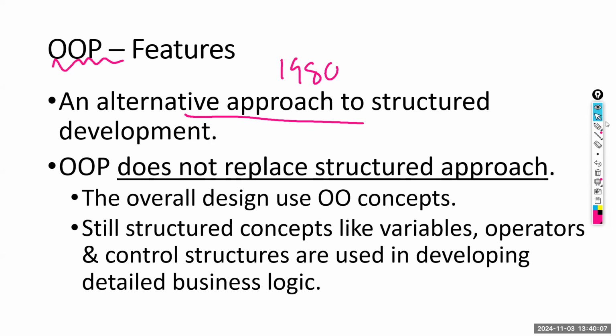If you consider all the programming languages like Pascal, C, COBOL, those languages never supported object-oriented programming because at that time no one was doing it. C is also a structured programming language. Using C, you can't do object-oriented programming. But then came the C++ language.